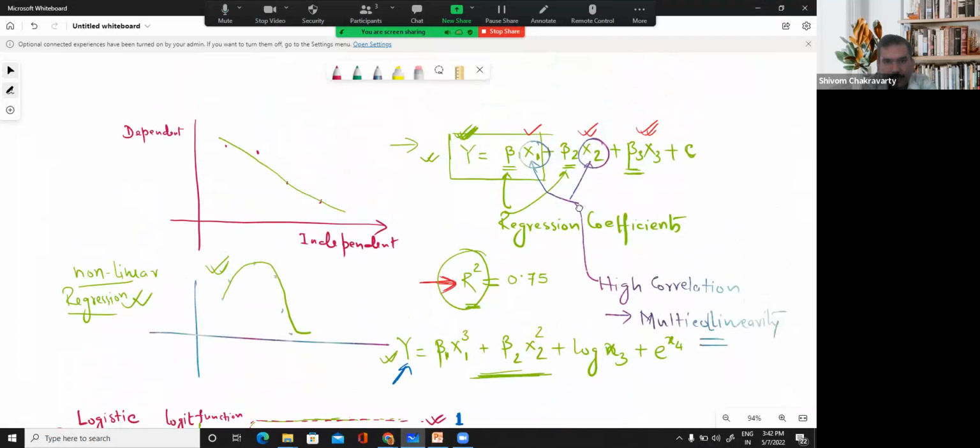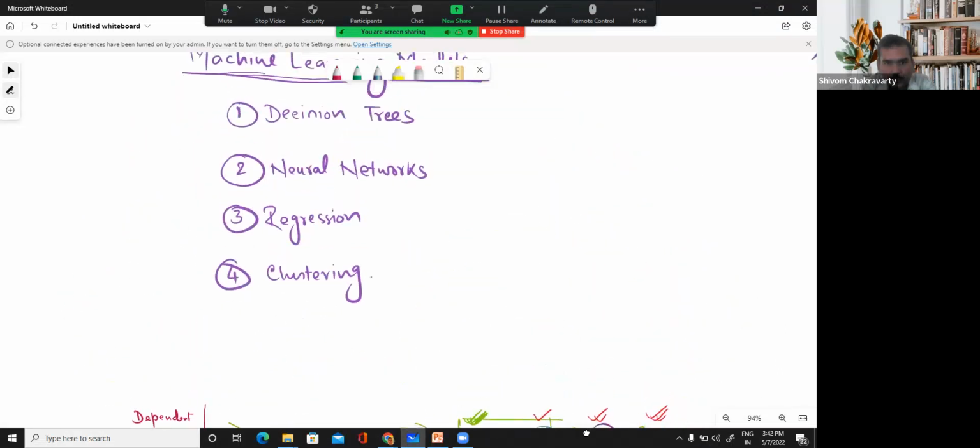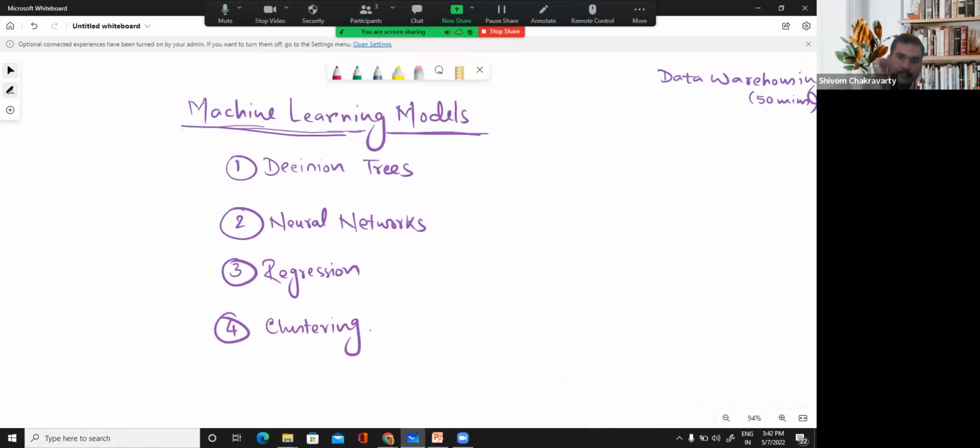So this completes our machine learning models and also effectively this part of the course, business analytics. First, we discussed basic statistics, starting from measures of central tendency, measures of dispersion, what is a correlation, what is a regression, how to find out how good the regression line is, that is calculation of R square.